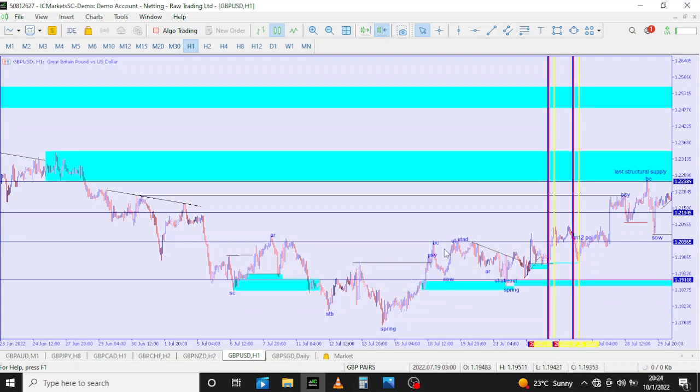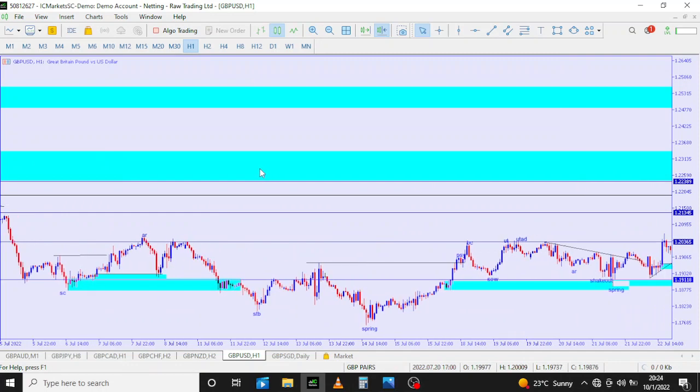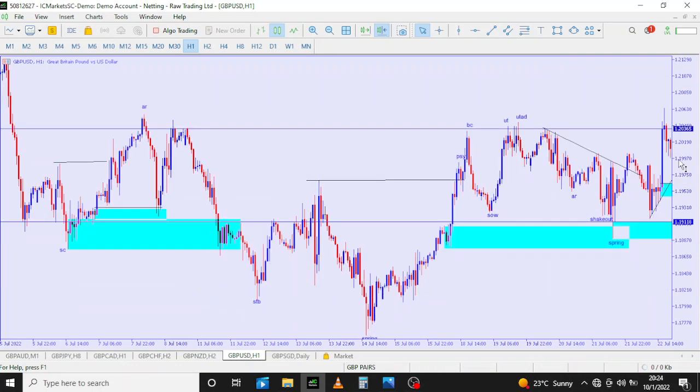You see how this price stalled above, which shows us that the price is not just taking liquidity above the swing high. It's simply a breakout structure.